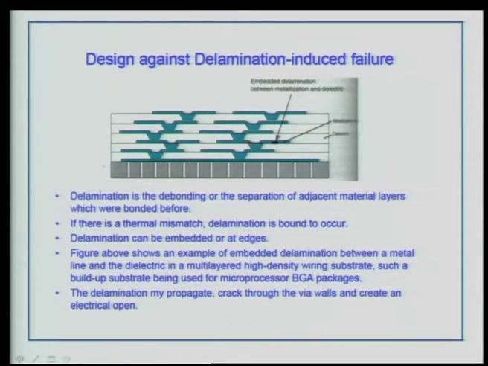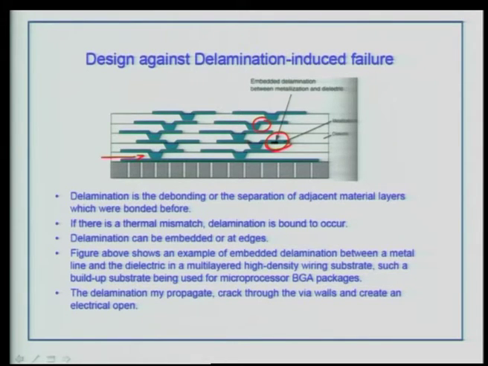Typically, if you look at this structure where a via is built using a built up technology, these are areas where delaminations can occur at the junction between the polymer material and the copper, close to the vias, at the knees, at the junctions. So, how do you prevent these kind of failures?